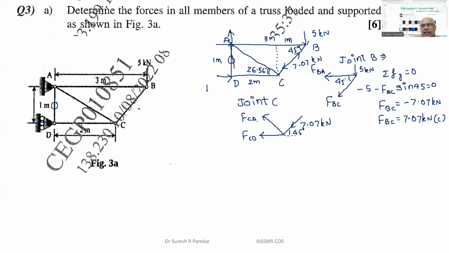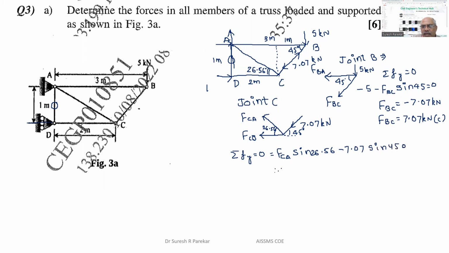Now again in y direction we have only component of CA. So apply summation Fy equal to 0. So we have this is 26.56. So FCA sine of 26.56 minus 7.07 sine 45 equal to 0.